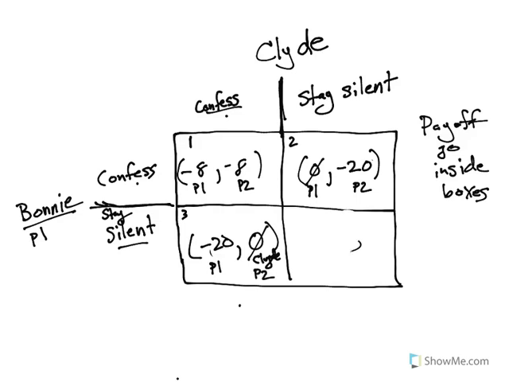So let's finish it up. Last box here. If they both stay silent, remember they're just going away on those weapons charges. So that's player 1's payoff. That's player 2's payoff. Now, when you write out these game matrices, it's not worth trying to save some time by not writing the P1, P2. It'll be a lot easier to keep track of what's going on if you just take the time to write it out so you don't forget.